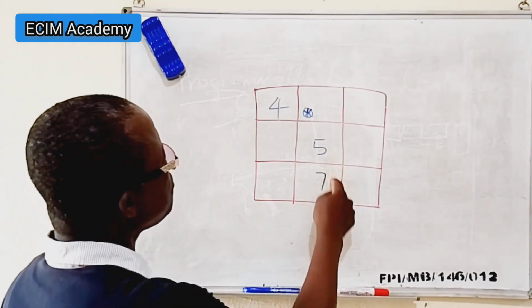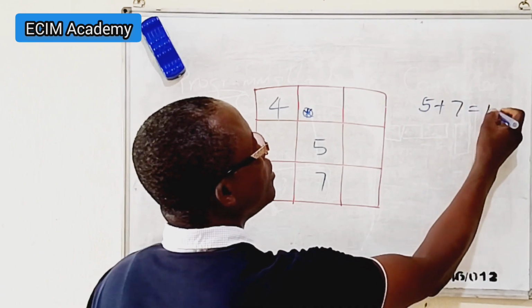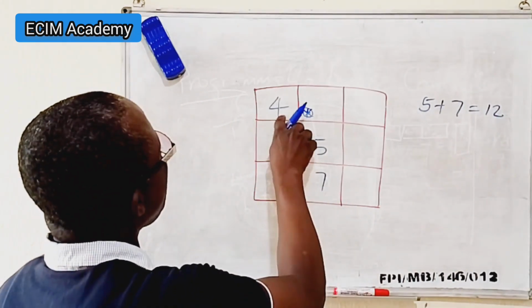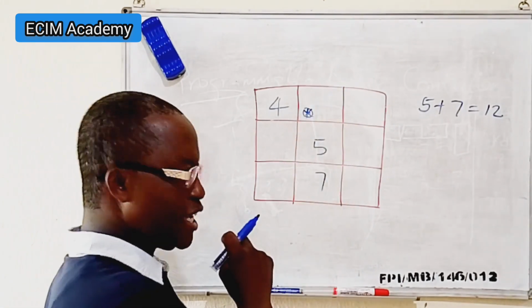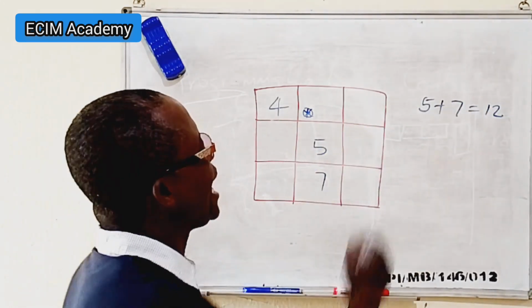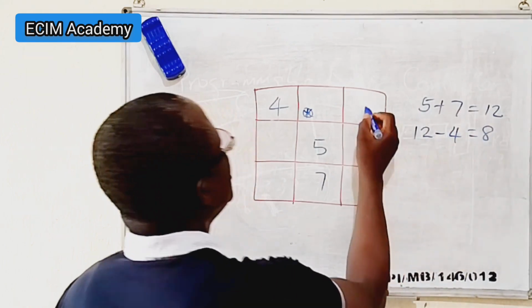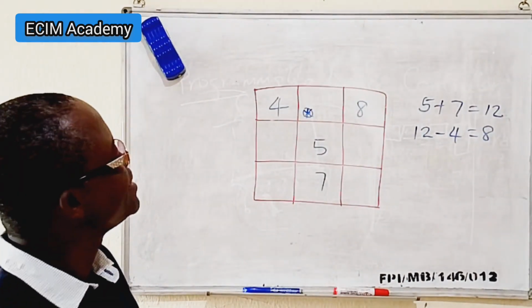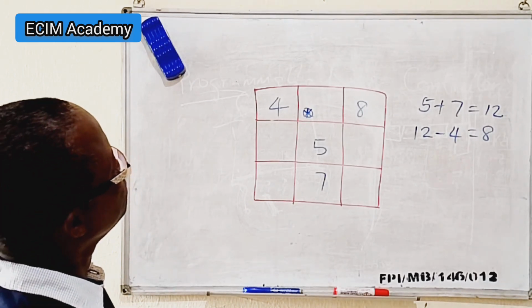Therefore, 5 plus 7 equals 12. It means 4 plus this other cell, if you ignore the unknown here, should be equal to 12. In that case, the answer is 12 minus 4 equals 8. So we put 8 here. That's what we should have here.